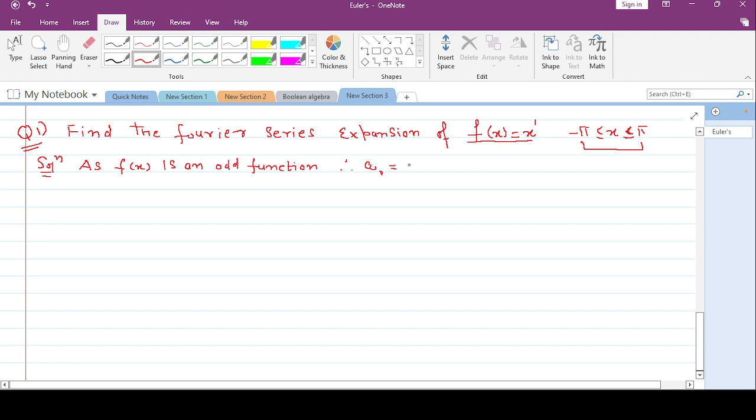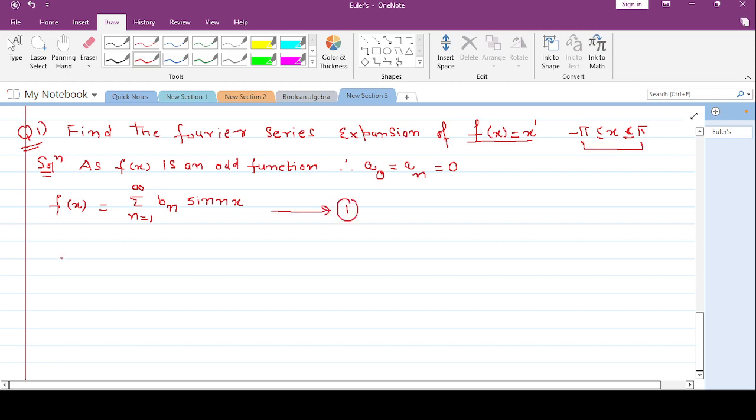So our Fourier series expansion now becomes summation n varying from 1 to infinity bn into sin nx. Okay, so this is the Fourier series expansion.